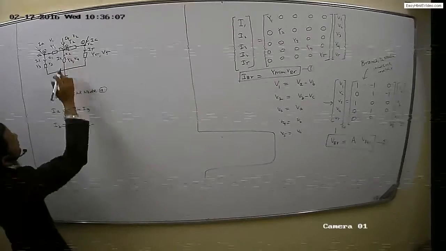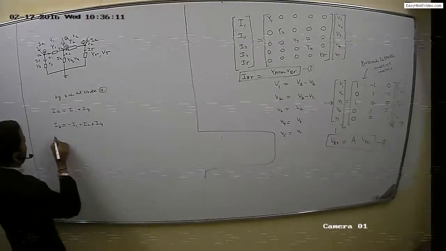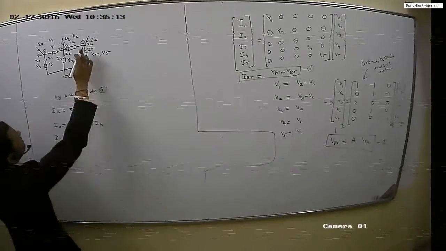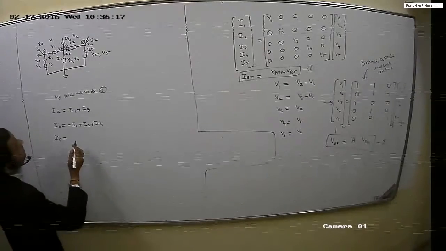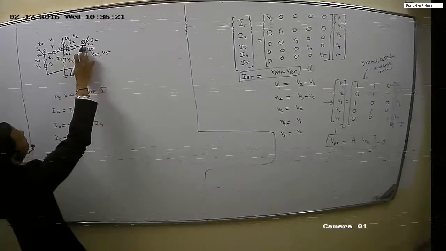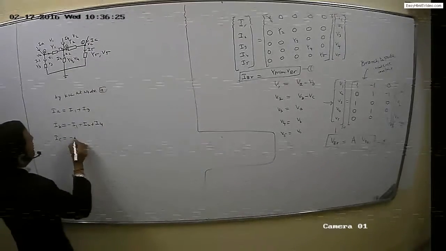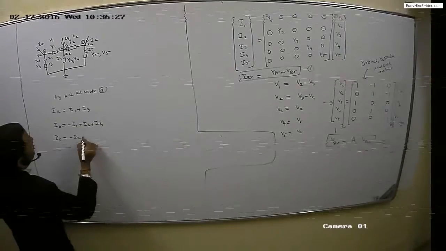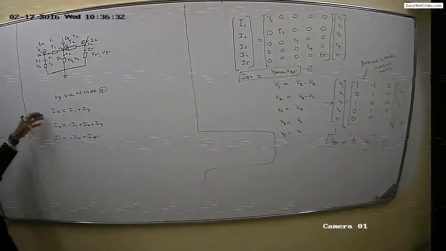These two currents are outgoing, so I2 plus I4. Again, at this particular node, that is node C, can I write down the equation by Kirchhoff current law? So answer is yes. This is nothing but the incoming current, and this is also an incoming current to this node, so this is nothing but minus of I2 plus I of 5. So these are the results.